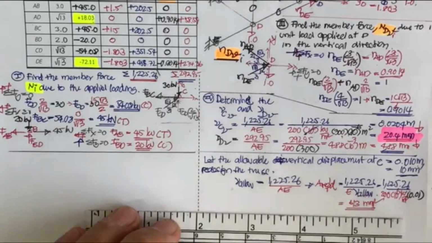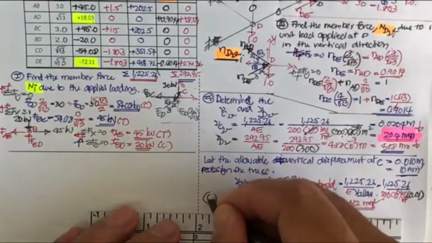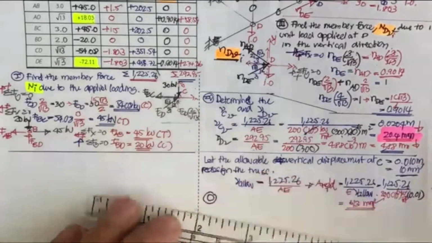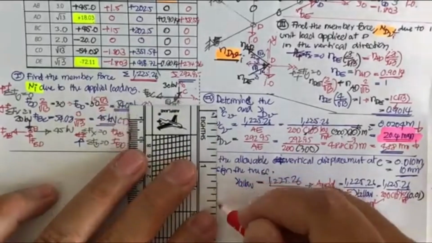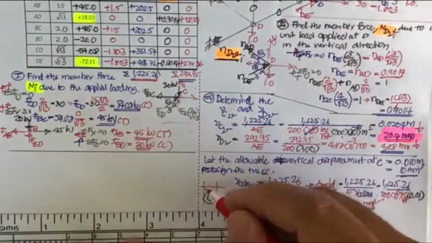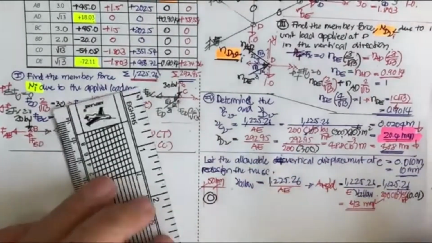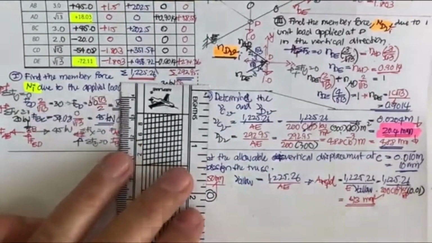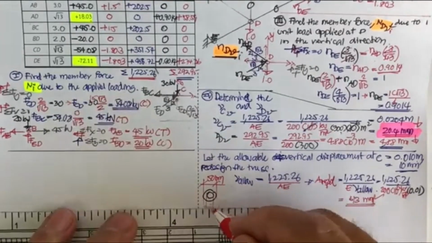Okay, and if you'd like to use a hollow section like this, and your hollow section is going to have an external diameter of, let's say, 50 millimeter, you're going to determine the thickness.